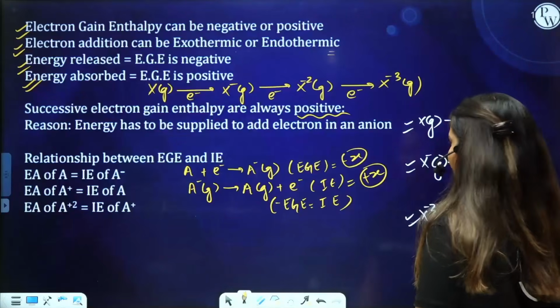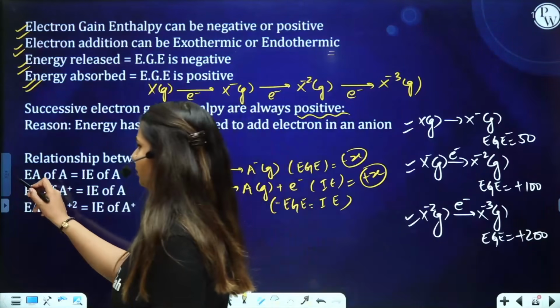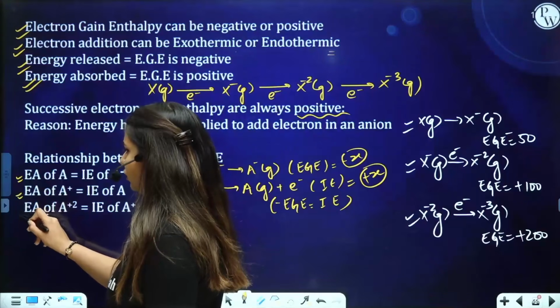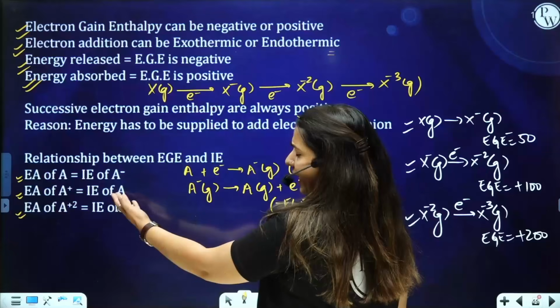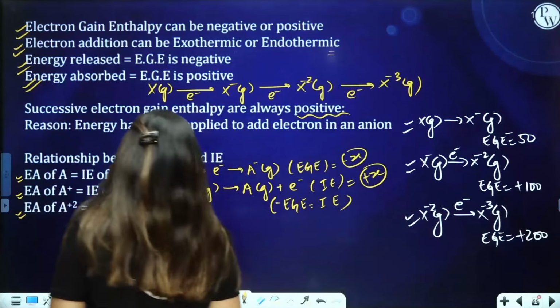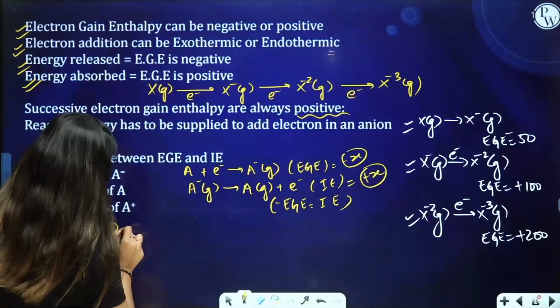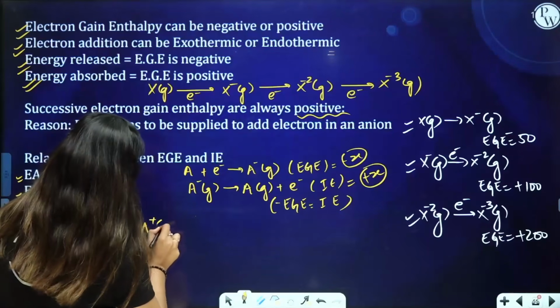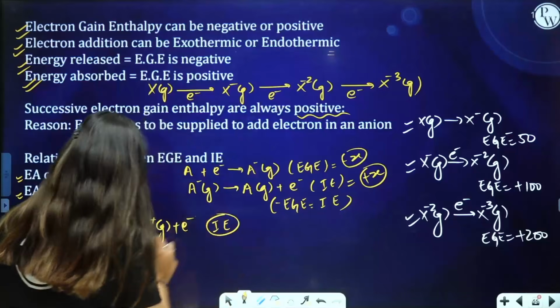Okay, now let's move forward. Same will be the case of this also. Let's say you have the ionization energy of A. A gaseous is forming A positive gaseous plus electron. This process is ionization enthalpy.